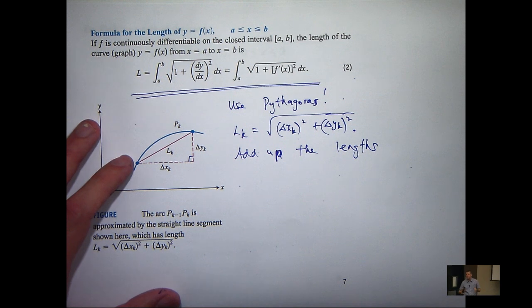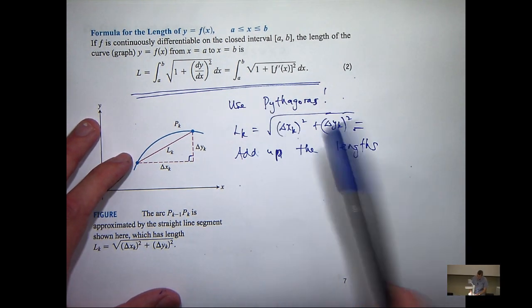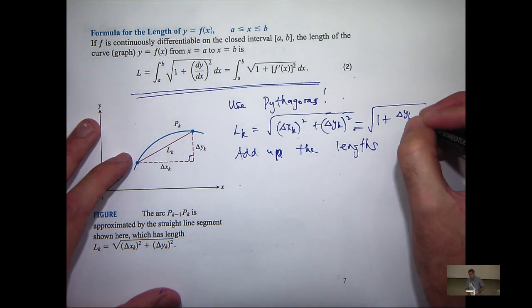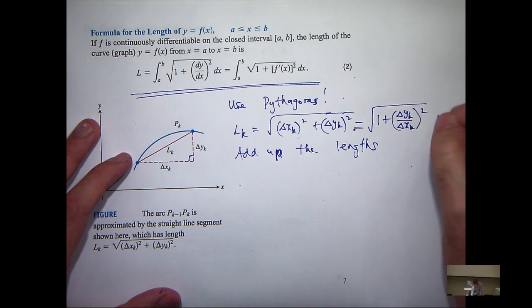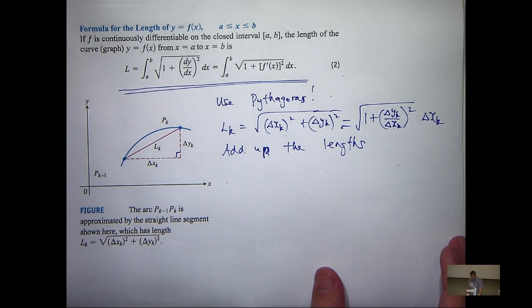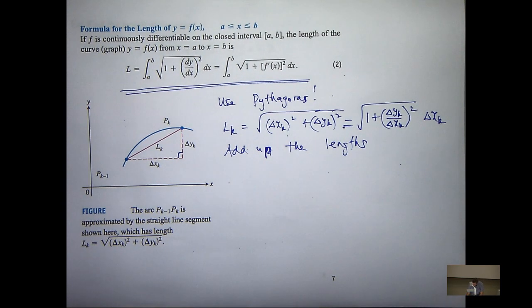But before we do that, I'm just going to rearrange this a little bit. I'm going to divide like this. Sneaky. So what we're going to do now is add up over k, say k equals 1 to n.